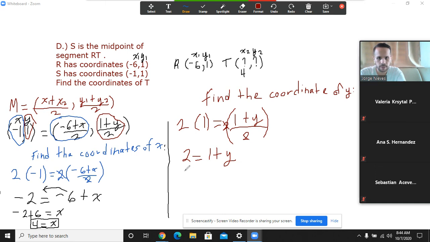So it's going to be 2 minus 1. Okay, move it to the other side, or I'm going to subtract 1. 2 minus 1, and that is, ¿cuánto es 2 menos 1? 1. So the y coordinate is 1.